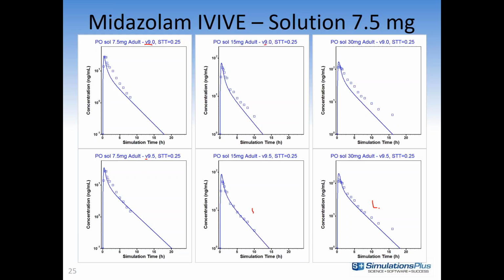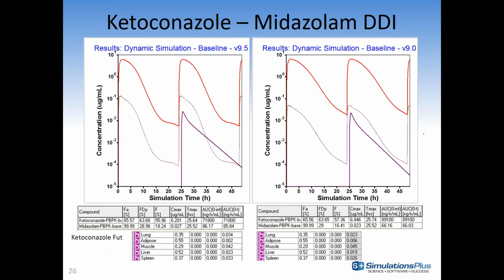And we have started doing also some of the validations or verifications for the DDI simulations, looked at the Ketoconazole. And again, Ketoconazole is one of those compounds where the FUT difference would be very small. So looking at the previous method versus the new method, there is very small difference in the FUT.